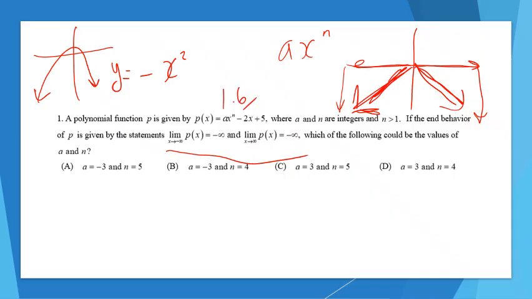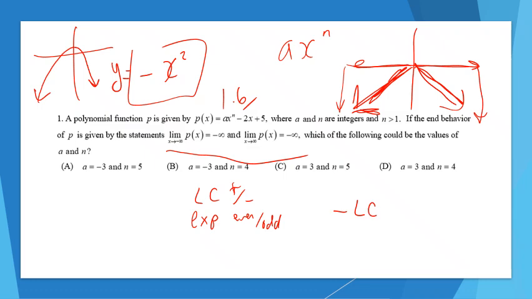All right, and so what you want to do here is remember the key questions that we want to ask ourselves when determining end behavior. One, is the leading coefficient positive or negative? And then is the exponent or degree even or odd? In this case, y equals negative x squared has a negative leading coefficient and an even degree.